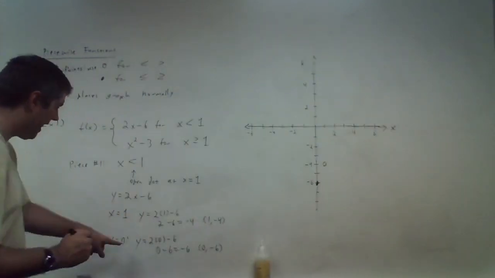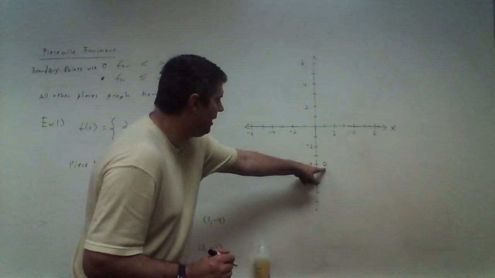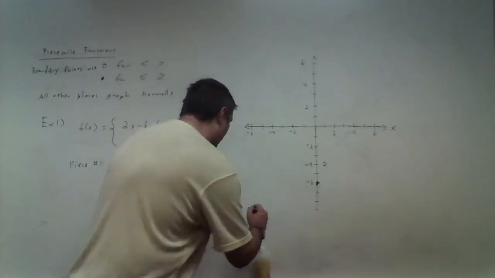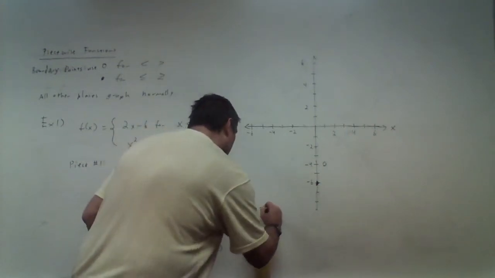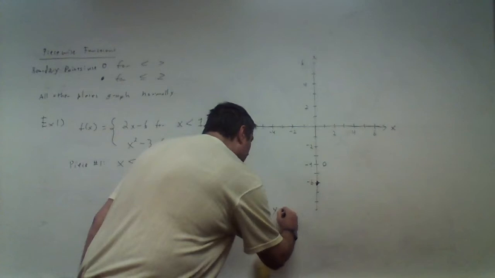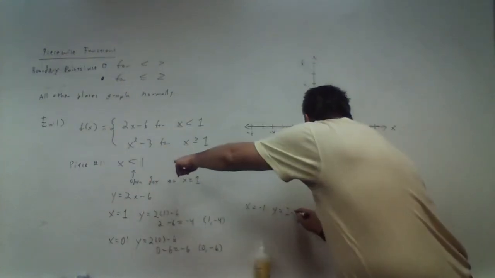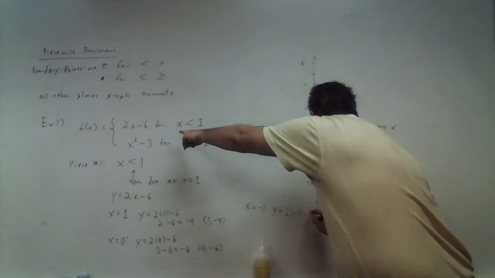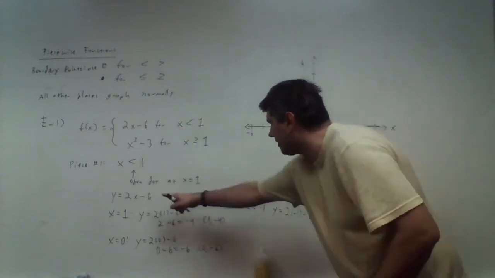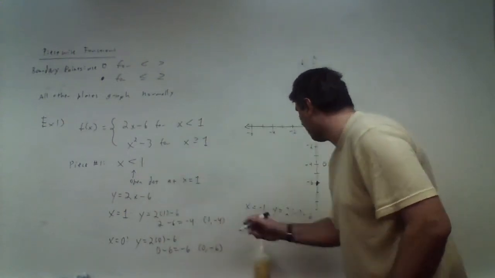And finally, we did 1, 0, let's do negative 1. So y will equal 2 times negative 1 minus 6, because remember, we're following this rule in piece number 1.